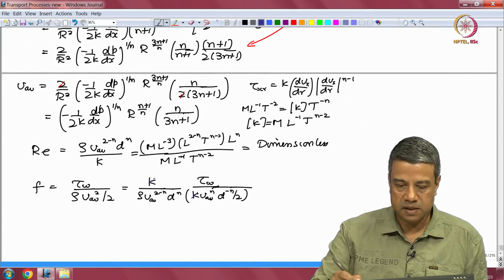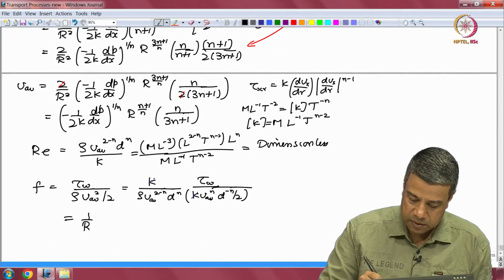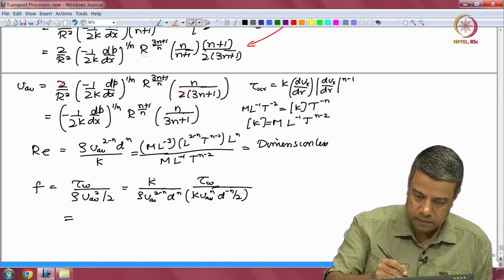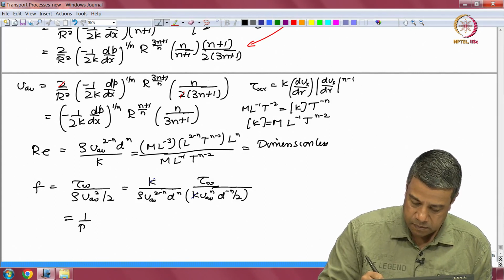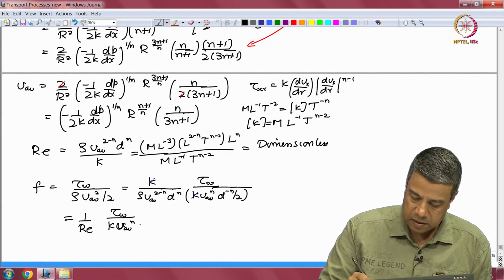So, this is the exact same expression, except that I have now expressed this as 1 over Reynolds number into tau w by k v average power n, d power minus n by 2.